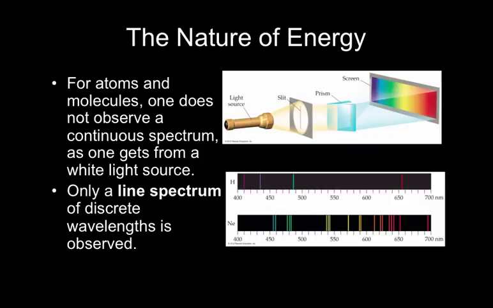You see something a little bit different when you look at that through a prism or a diffraction grating. You only see certain lines. You see what's called a line spectrum versus a continuous spectrum. The other one they have up there, which you're familiar with from the activity in class, is the hydrogen spectrum. And notice you only see certain lines. You don't see that whole rainbow of colors.